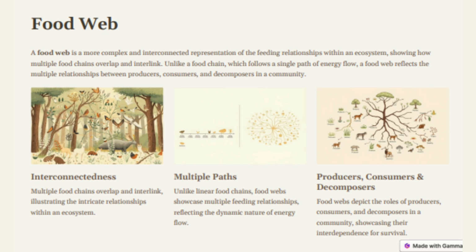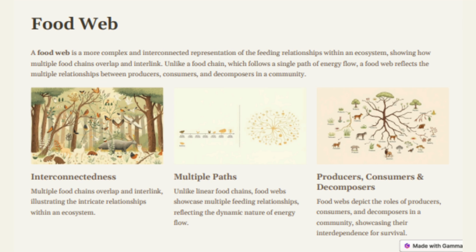Unlike a food chain, which allows a single path of energy flow, a food web reflects the multiple relationships between producers, consumers, and decomposers in a community. So, yung difference niya, ang food web, so interconnectedness, so you have multiple food chains overlap and interlink. Okay, illustrating the intricate relationships within the ecosystem.